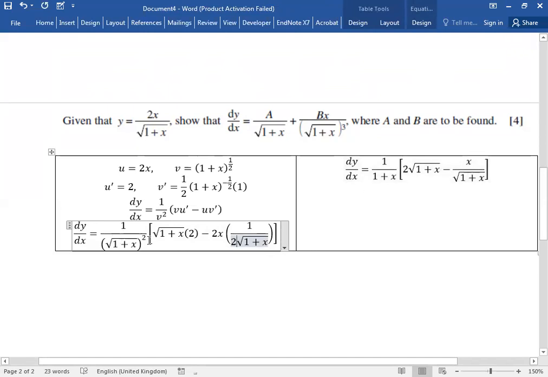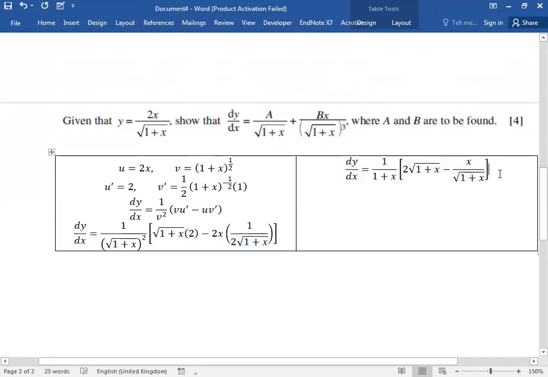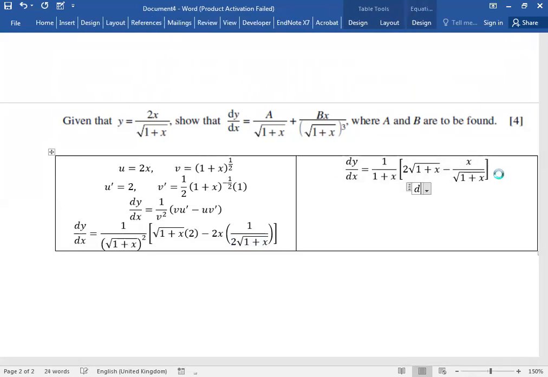So 1 plus x square and root cancelled out, right? Now I'll just multiply this and be very careful. What do I do? 2 square root of 1 plus x upon 1 plus x. I'll write 1 plus x in a bracket so that you understand that it's one single thing, right?